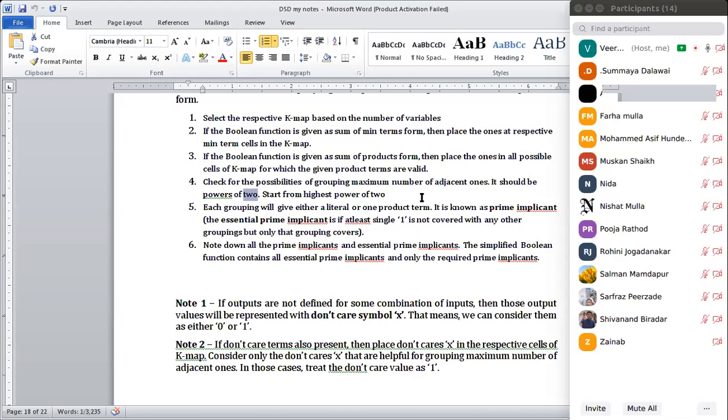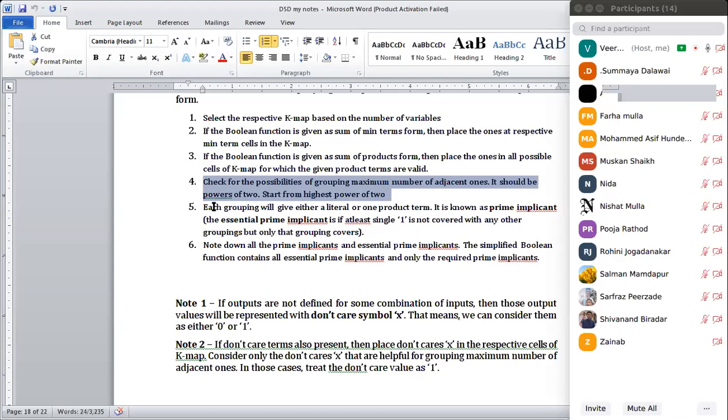When grouping has to be done, first we need to check the maximum number. Now what will be the maximum number in a 16-cell map? It is a complete 2 raised to 4, then 2 raised to 3, and then 2 raised to 2. Like that we need to group the ones.